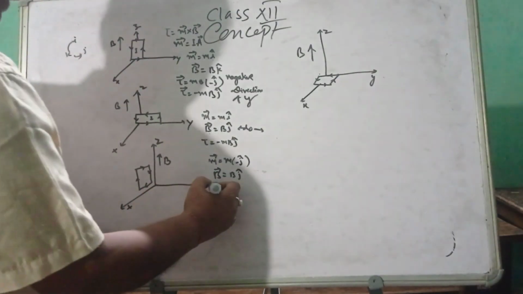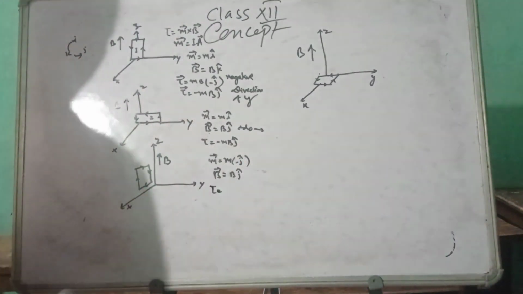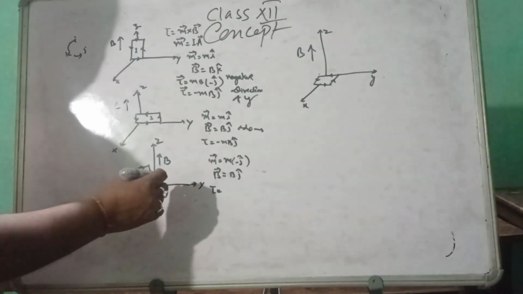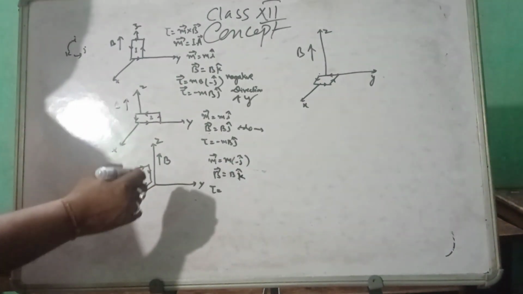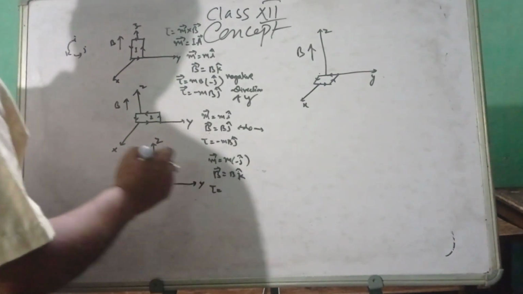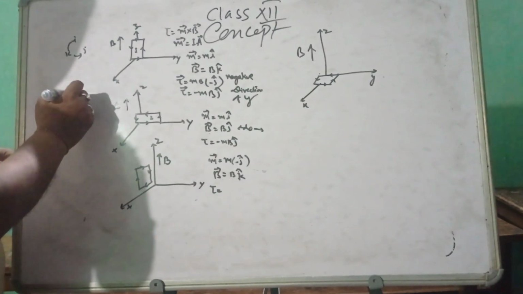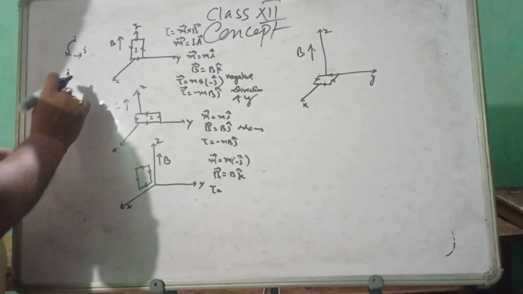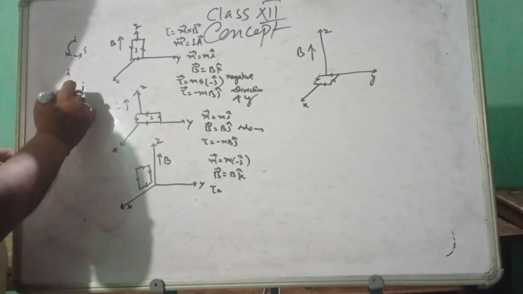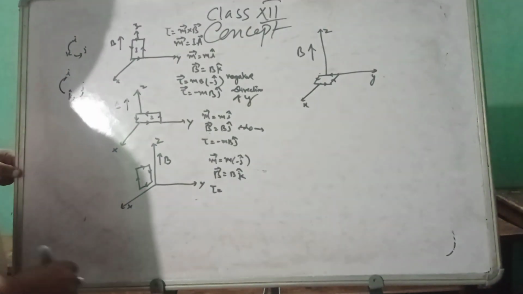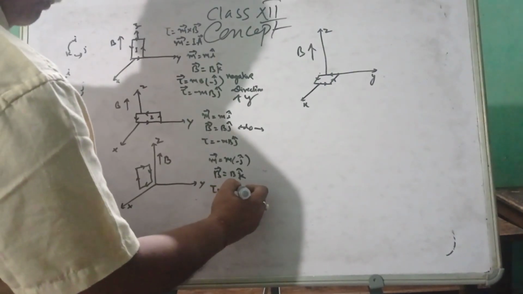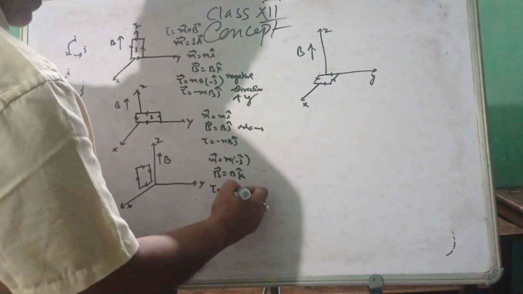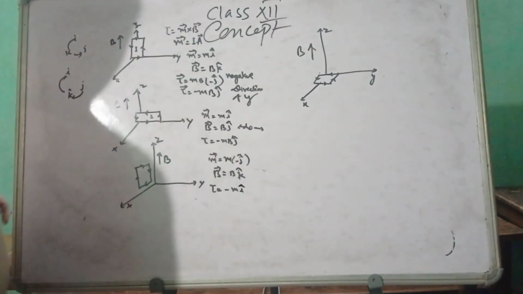So your torque here will be, J cross K, it will be I. So your torque will be minus M I cap.